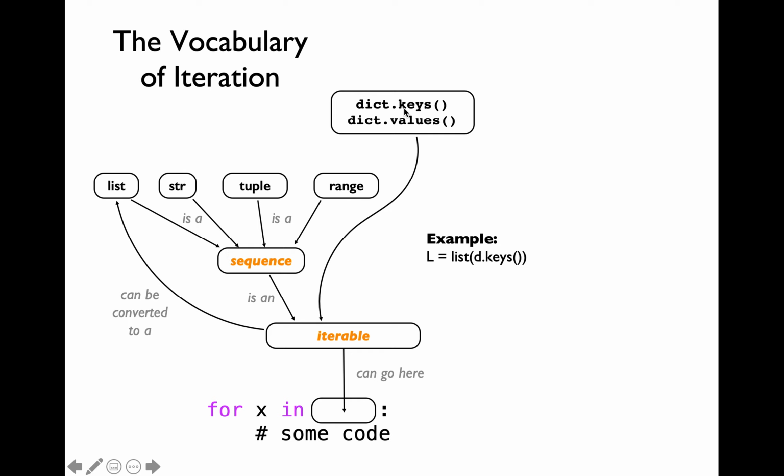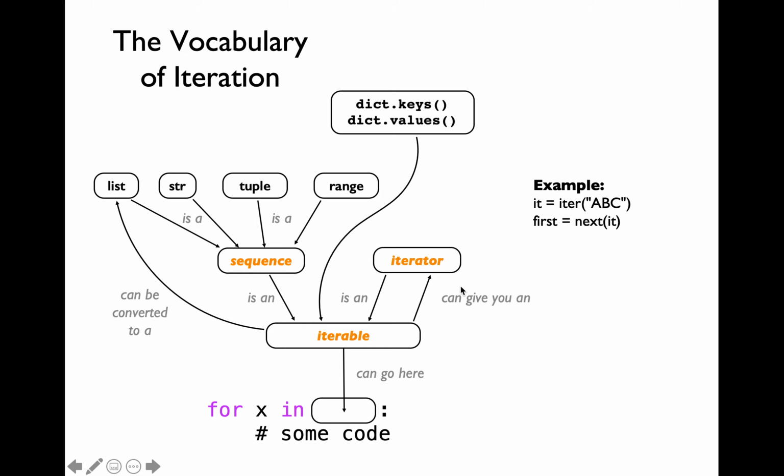Following the same example, since dictionary.keys is iterable and anything iterable can be converted to a list, you can convert your dictionary.keys to a list as well. Alright, the next term that I'm going to throw at you is an iterator. A lot of programmers confuse the term iterable with iterator quite easily.